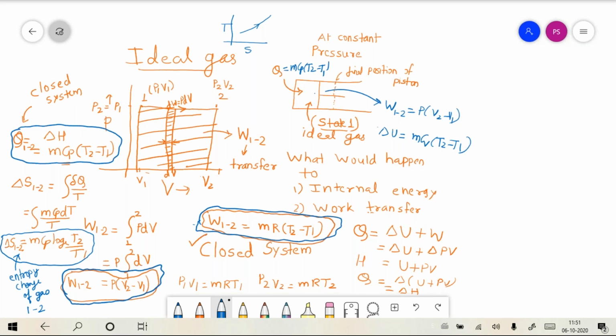As the ideal gas expands from an initial volume V1 of 0.25 cubic meters to a volume of 0.45 cubic meters, let us say that with the heat transfer, the temperature changes.